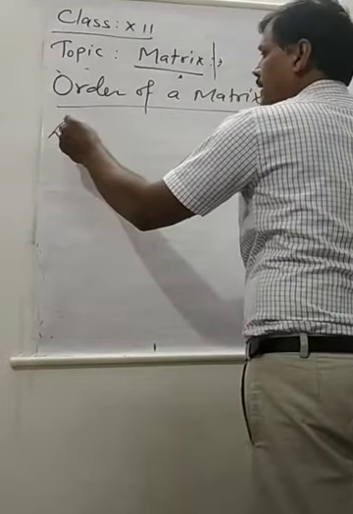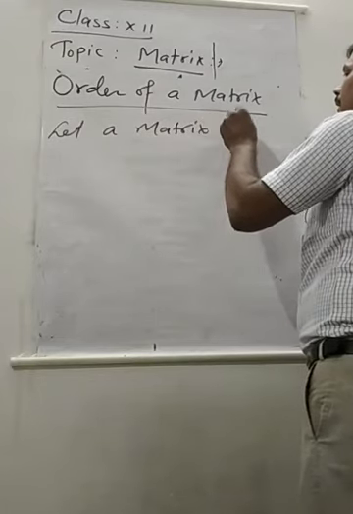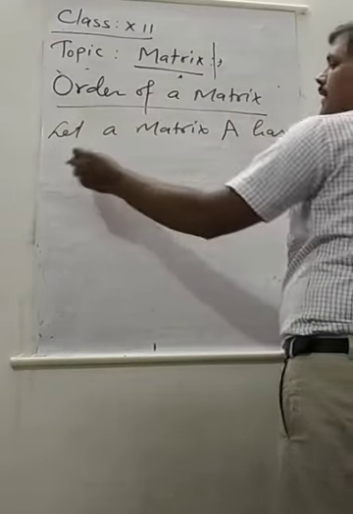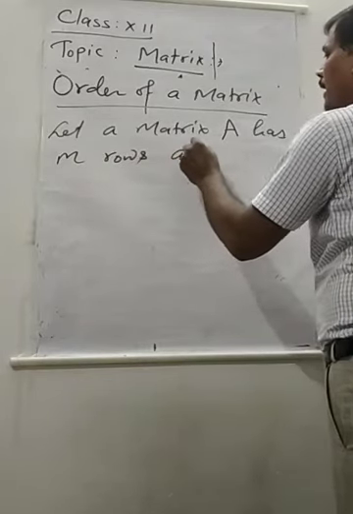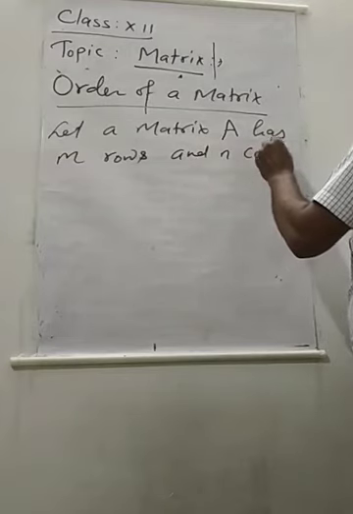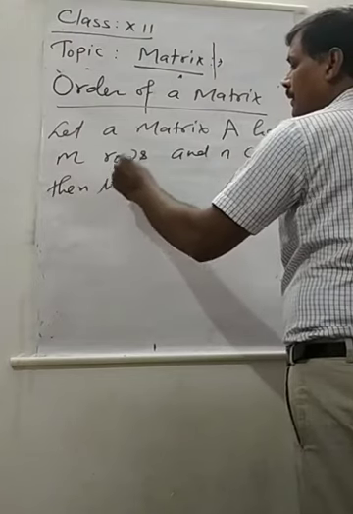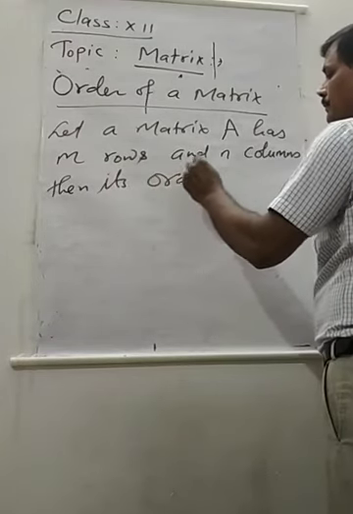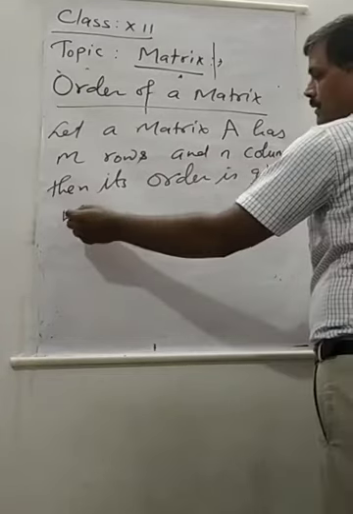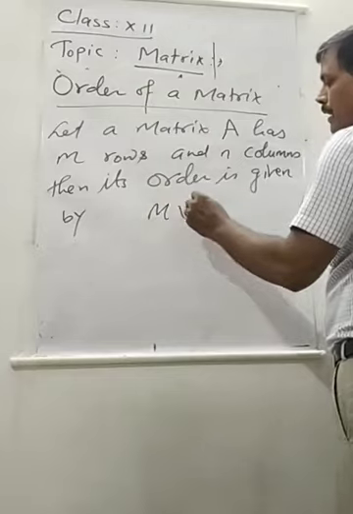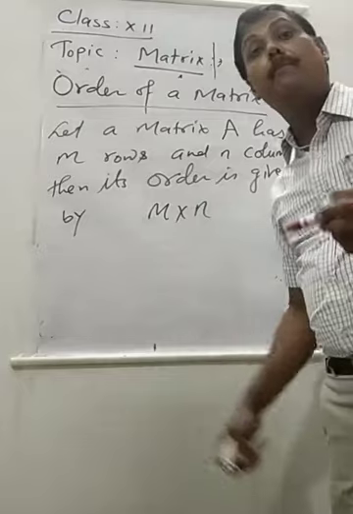Children, let a matrix A have m rows, it contains m rows and n columns, then its order is given by m by n. We write m into n, but it is customary to read m by n.